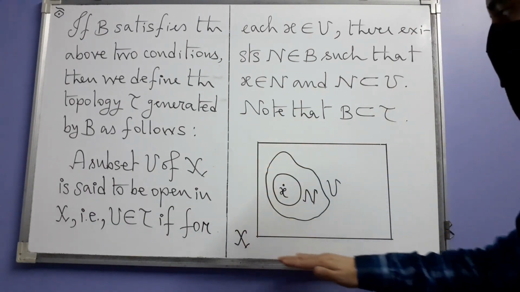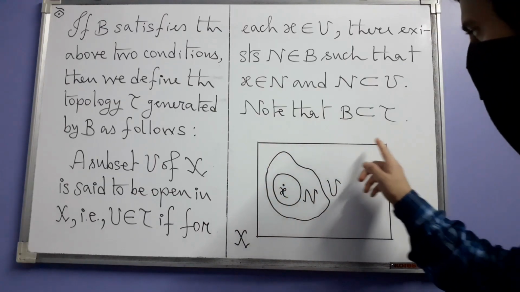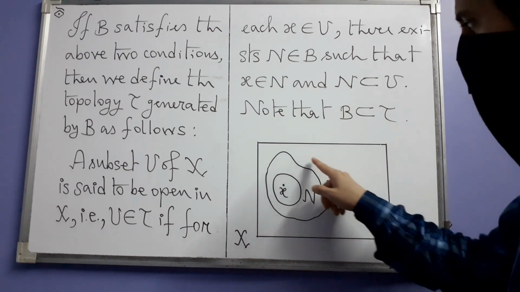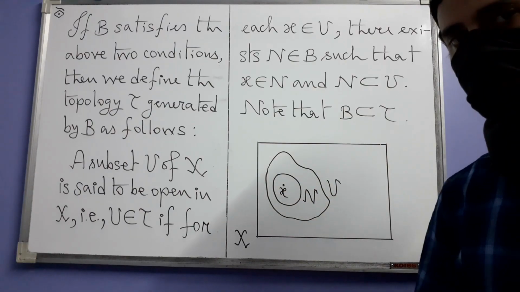You can understand that more clearly with the help of this Venn diagram. So this rectangular region represents your set X, in which you have this subset U given by this irregular region.